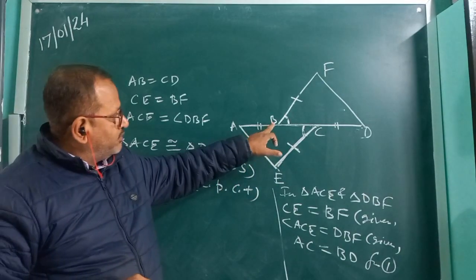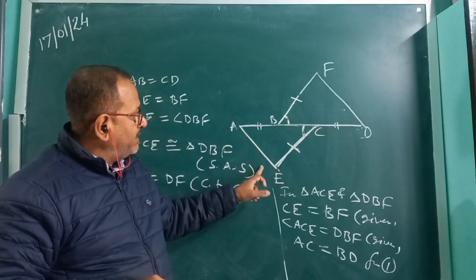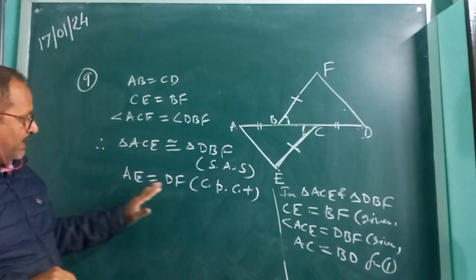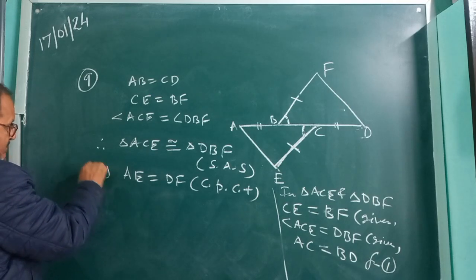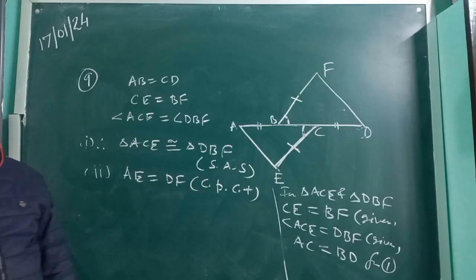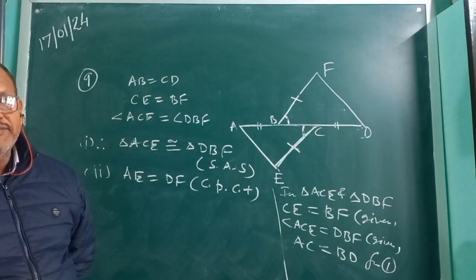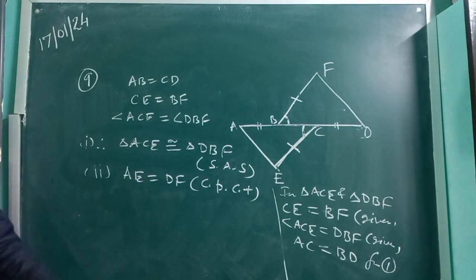So AE and DF both will be equal. So first thing we have to prove congruency. After that we can write the result. So it was question number 9. I hope that it is clear to you.